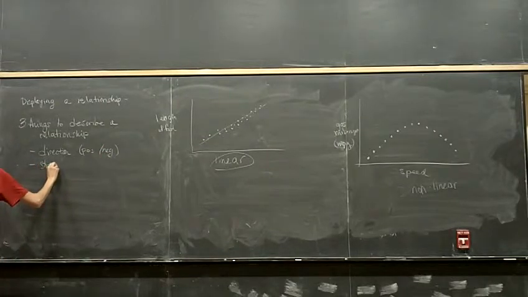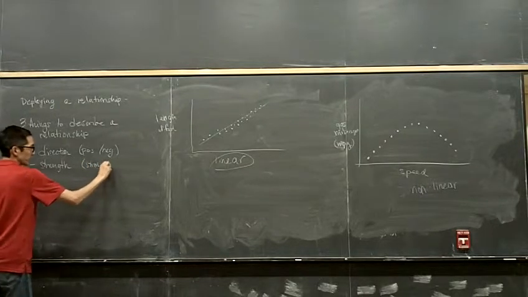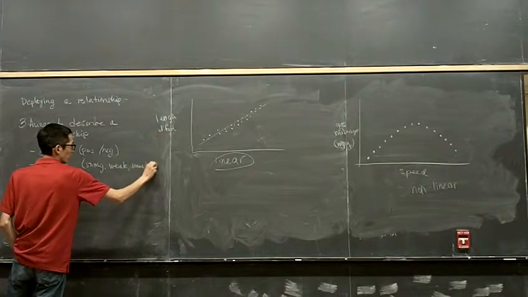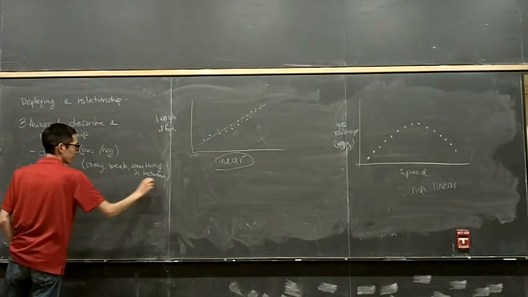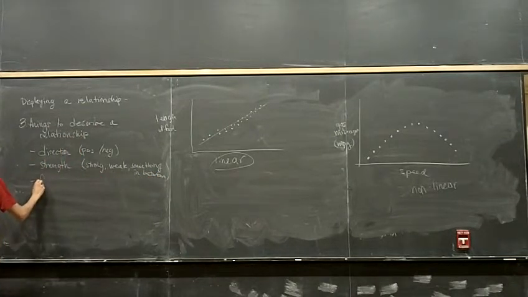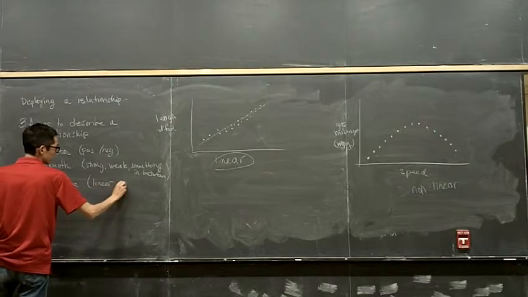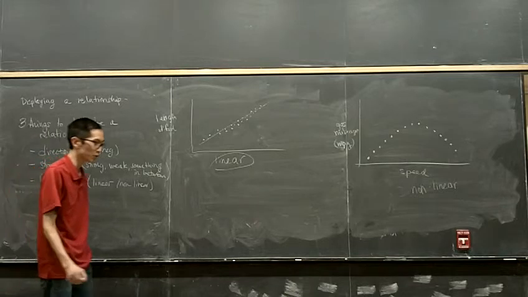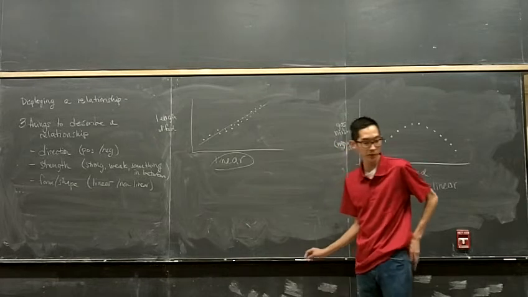Then strength: strong, weak, or something in between. And then the form or the shape: linear versus nonlinear. So that's for describing a relationship between two numeric variables.